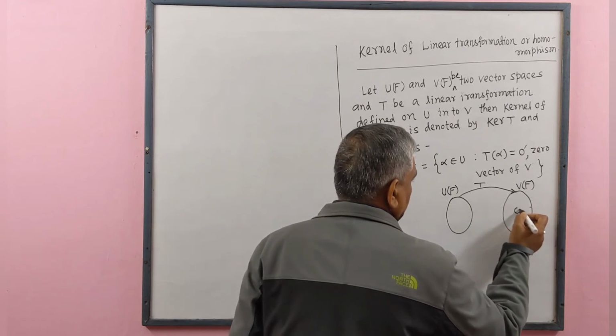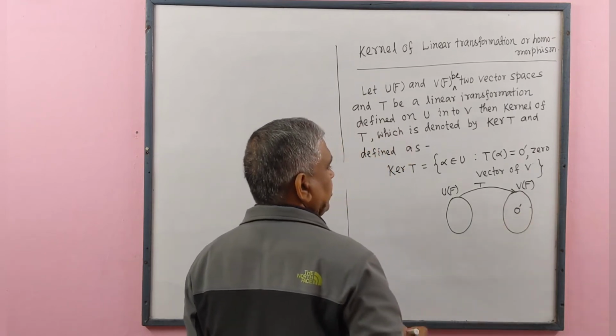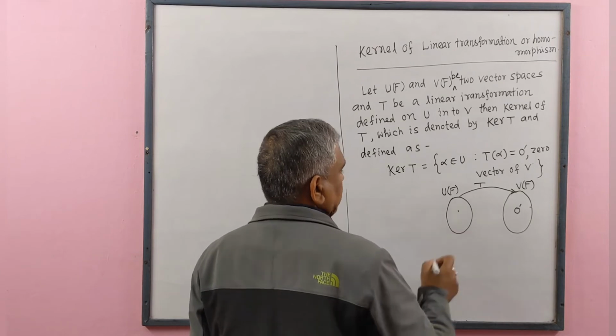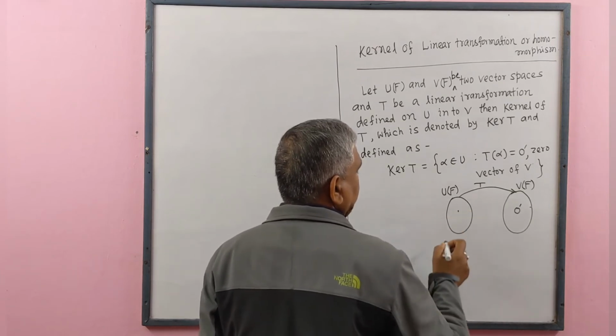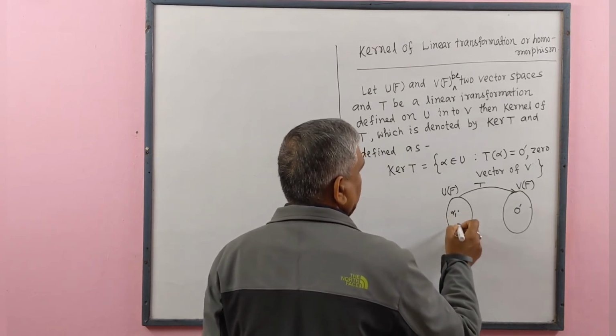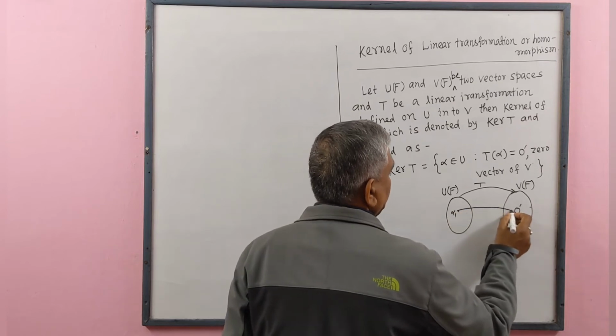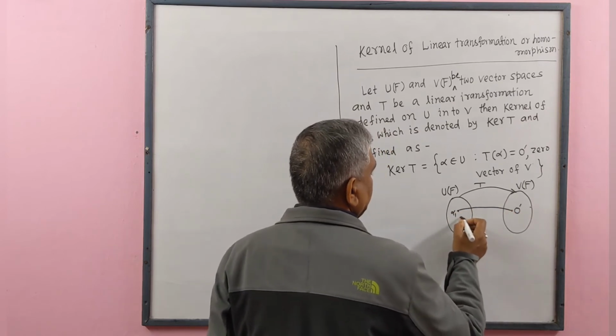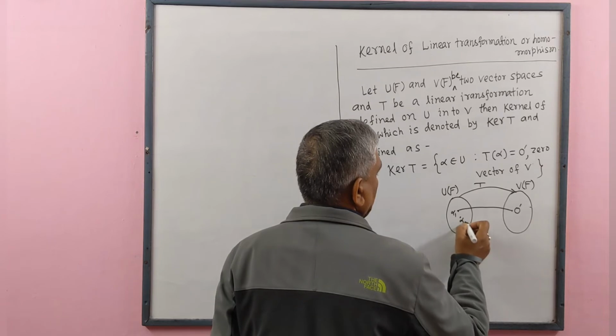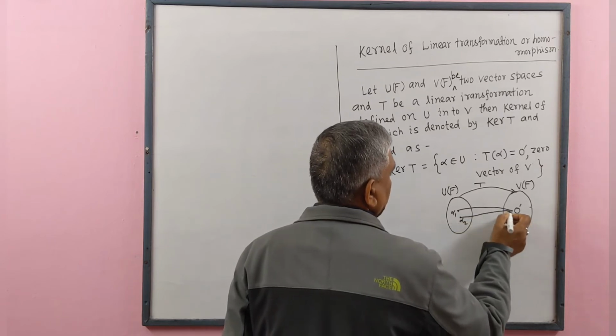Here 0 prime belongs to V. This is an element alpha 1 whose image is 0 prime, alpha 2 whose image is 0 prime.